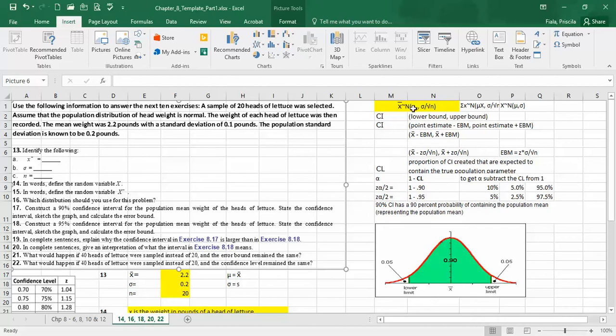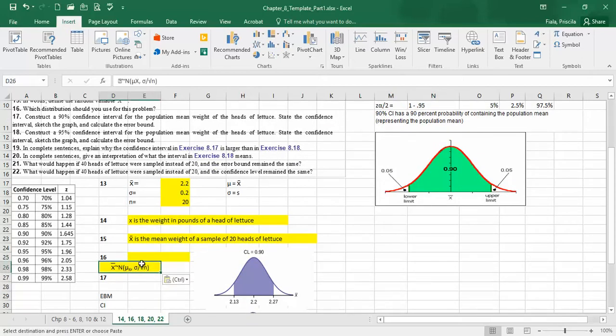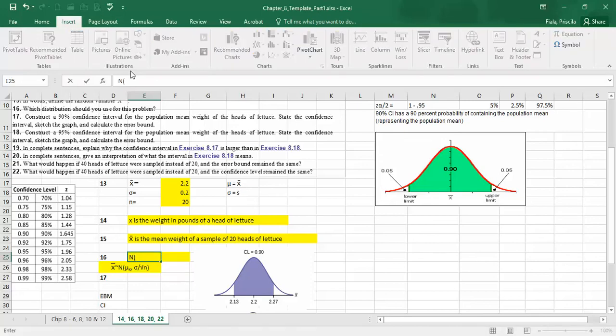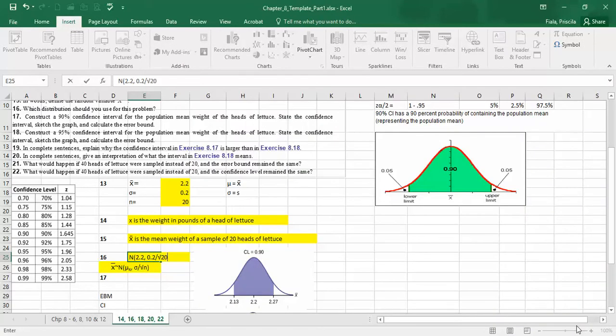So, if you remember from the previous problem, the distribution of x bar is normal, my mean of x bar is 2.2, and my standard deviation is the population standard deviation 0.2 divided by the square root of my sample size, which is this formula down here, okay?